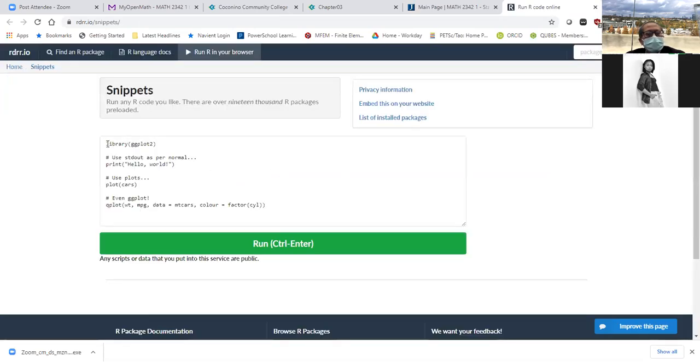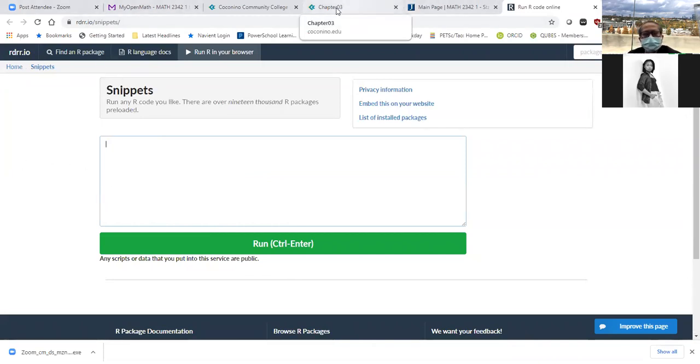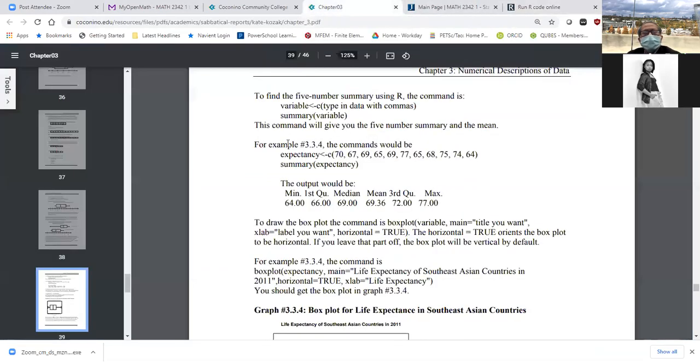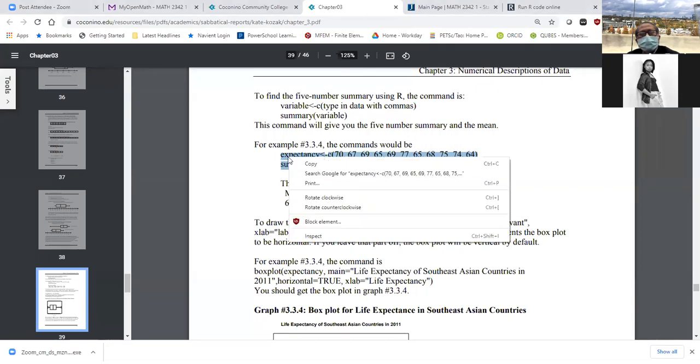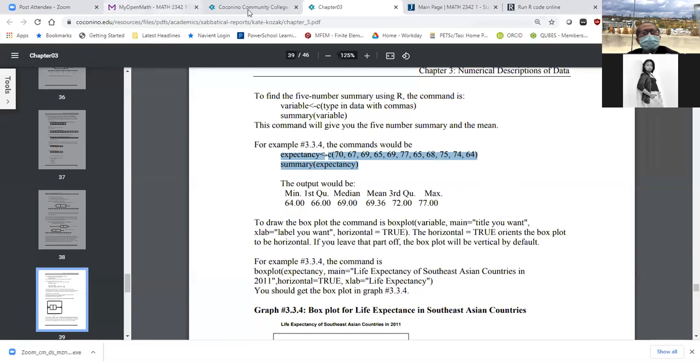So you need to erase this one, and you can use this. You need to copy this too, and put it here.